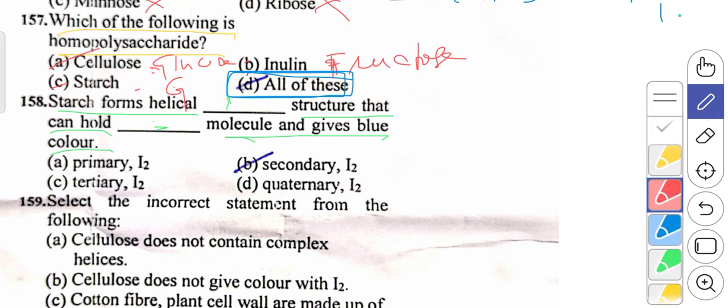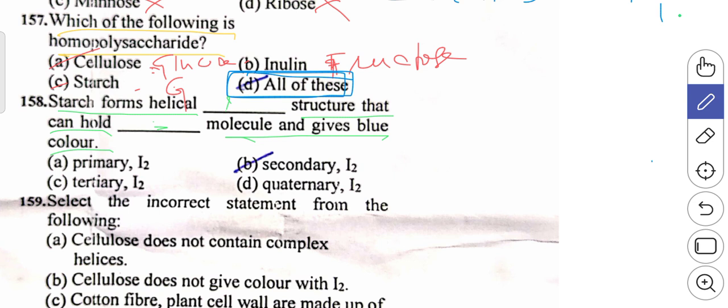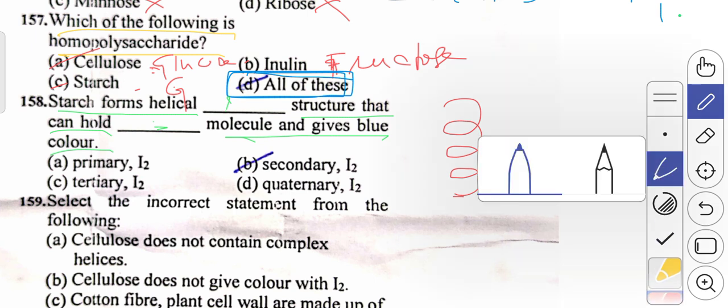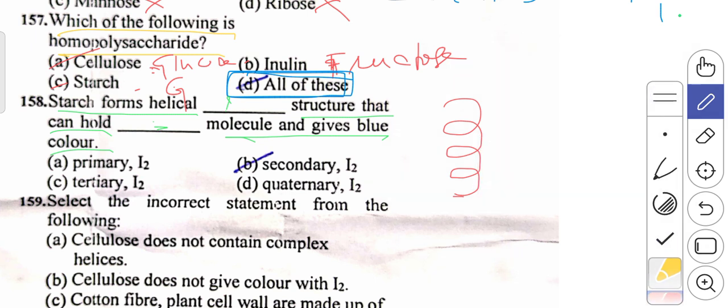The starch always forms a helical structure. Due to the formation of this helical structure, it has the capacity to hold an I2 molecule in this helix.